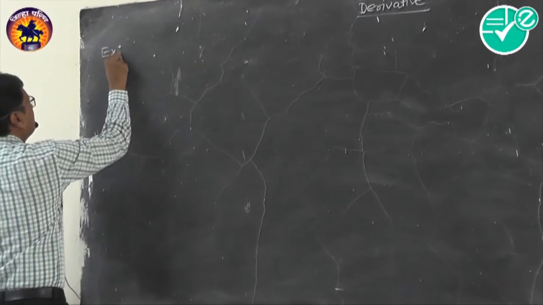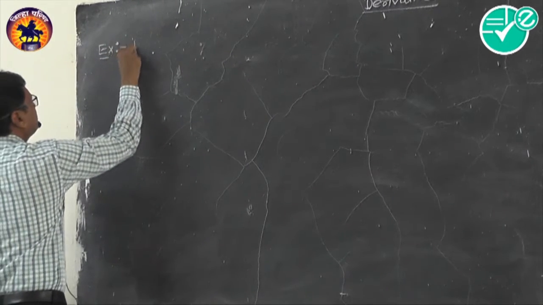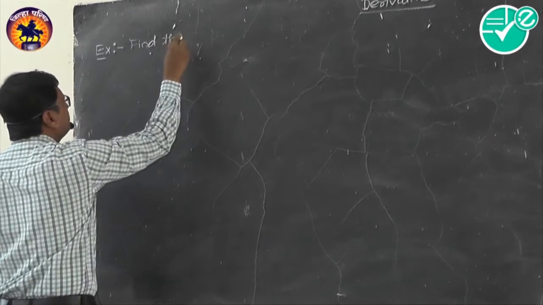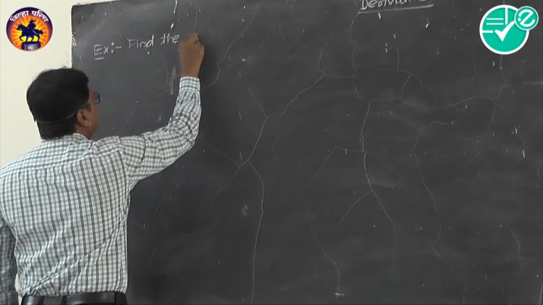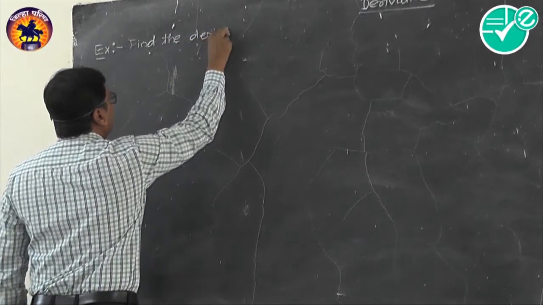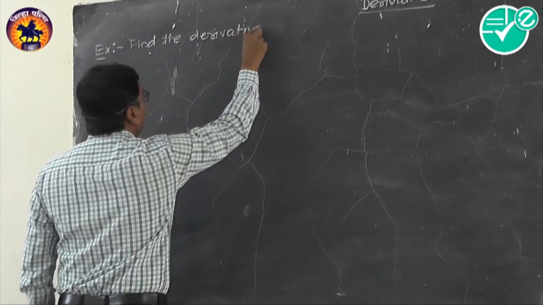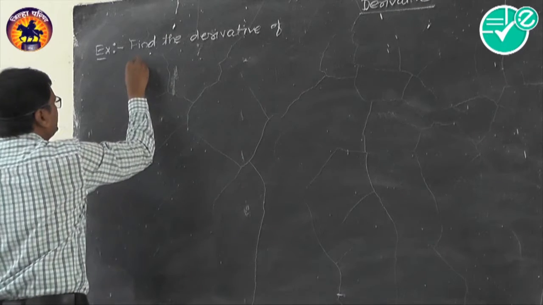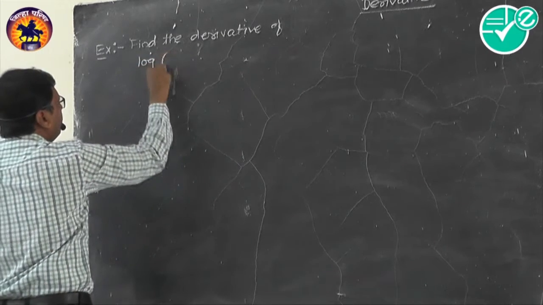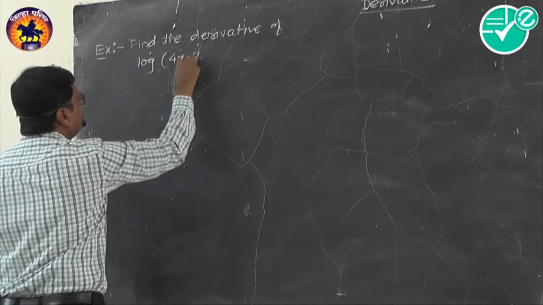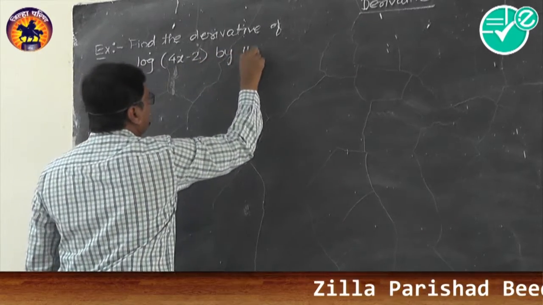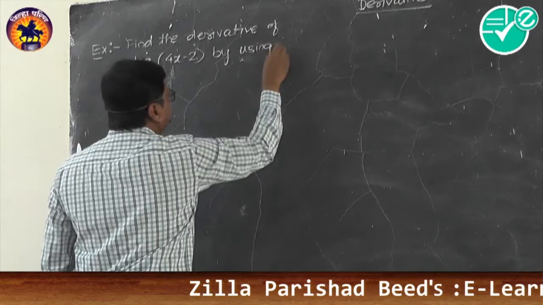Example, find the derivative of log of 4x minus 2 by using first principle.